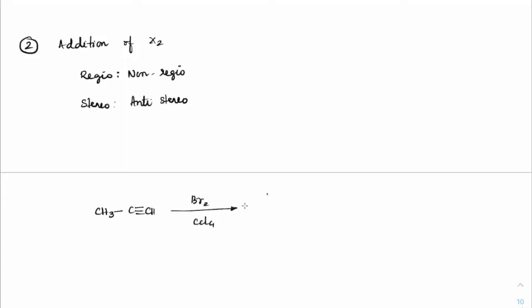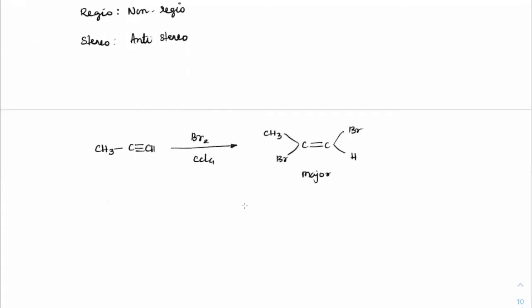First we will get CH3, with Br being added here, C double bond C, Br added here, and H. This will be the major product because this is a trans product, which has come from the anti-addition. The minor product would be CH3, Br, C double bond C with H and Br, which comes by syn addition.